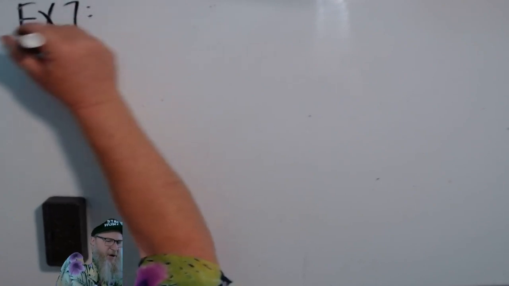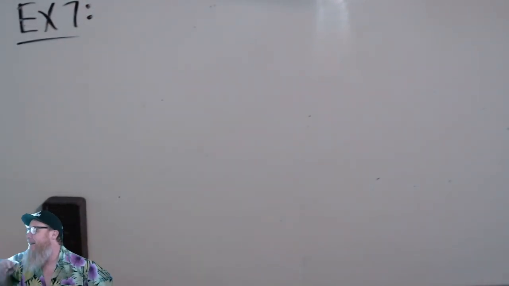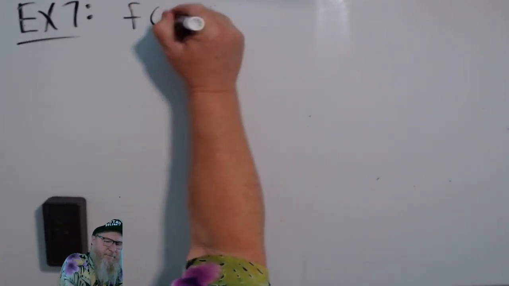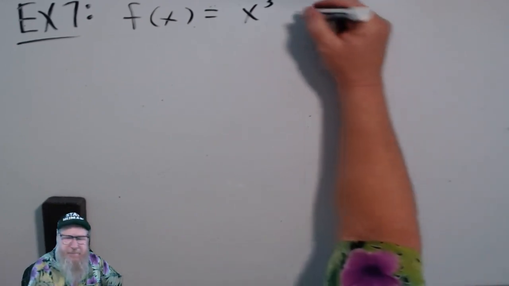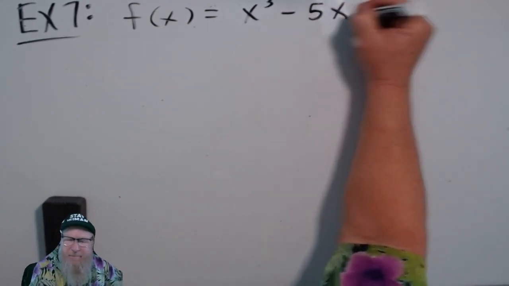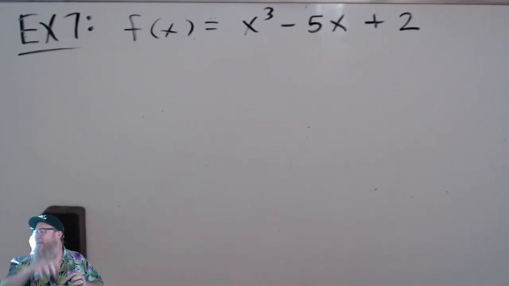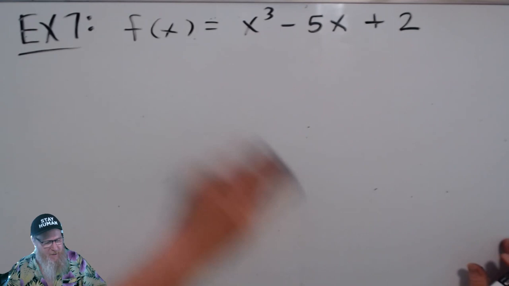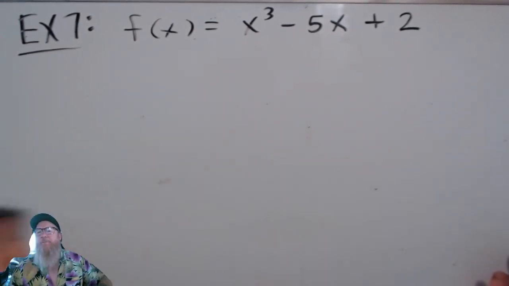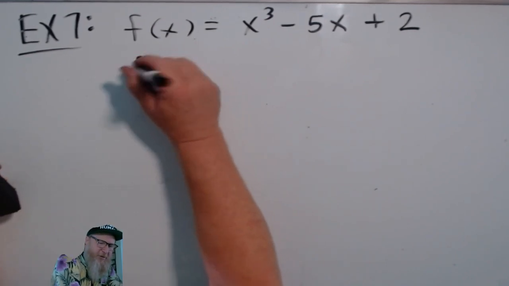All right, they're going to get a little harder now. The next one is still a cubic, but it's going to be a little more complicated. All right, you're going to see right away what happens. So let's get into it. Let's go ahead and take the first derivative.